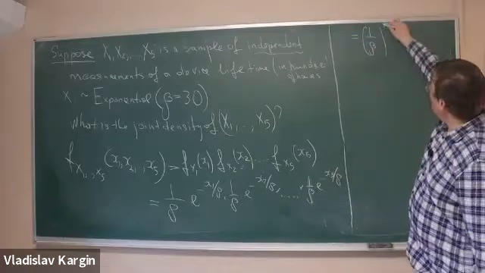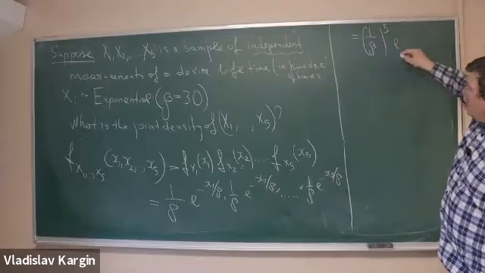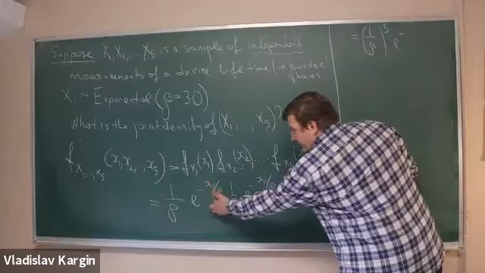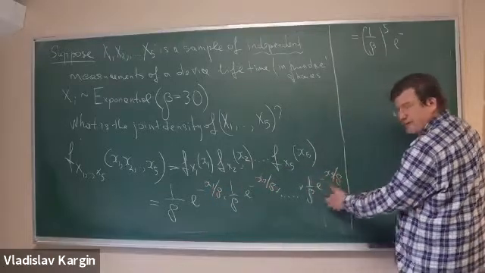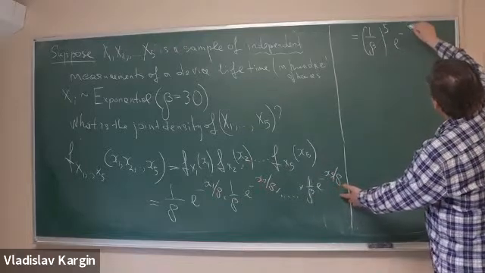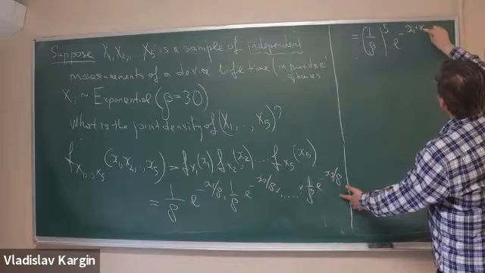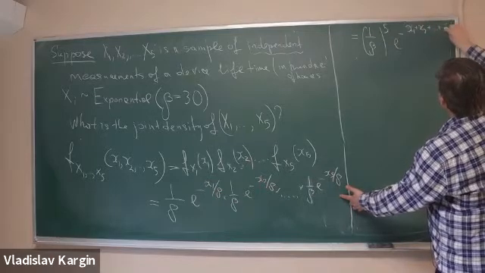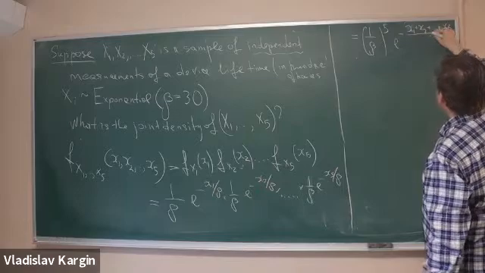After that, e to the minus x1 divided by beta plus minus x2 divided by beta plus minus x5 divided by beta. If you simplify it, it will be minus (x1 plus x2 plus so on plus x5) divided by beta.